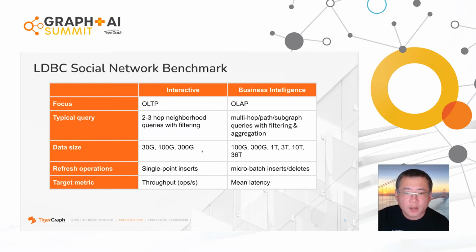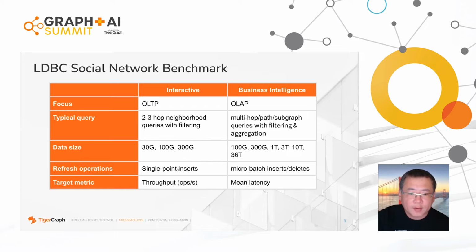To pass the audit for the interactive workload, you need to run the benchmark against the 30 gig, 100 gig, and 300 gig data sets. For the BI workload, you need to benchmark against 100 gig up to 36 terabytes, depending on your database scalability. It can continue to 100 terabytes, which is still ongoing, and the LDBC task force is working on generating 100 terabytes of data for interested vendors.